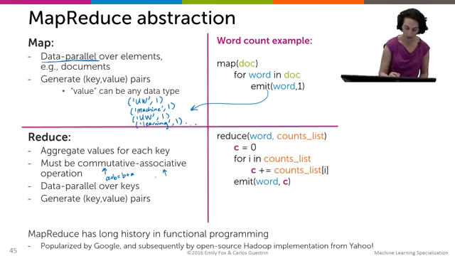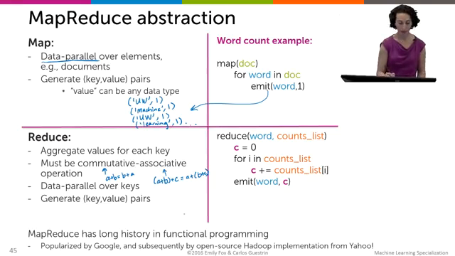And it's also associative, which means that the grouping of operations doesn't matter. So again, addition satisfies this, where A plus B, if we do that first, and then add C, that's the same as if we had done A plus the operation of B plus C.